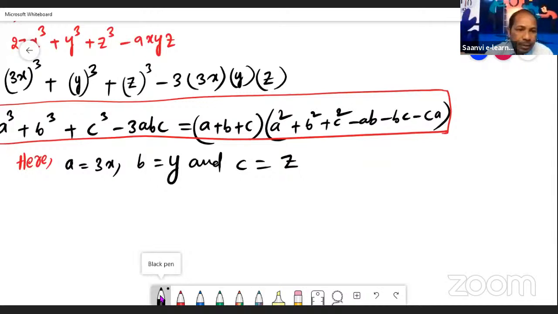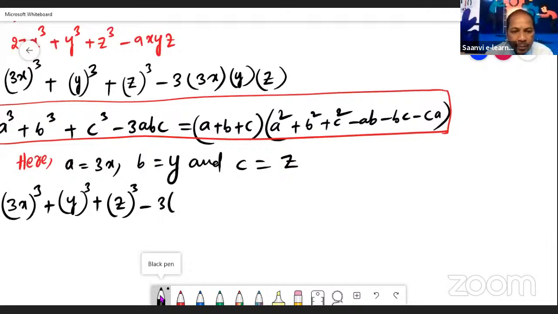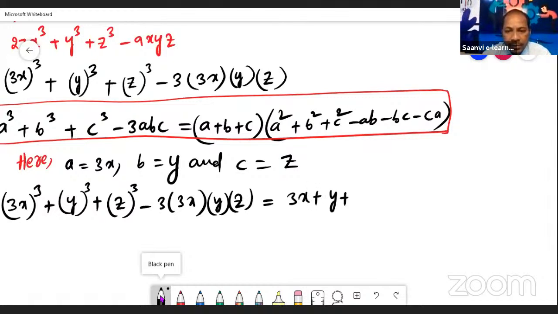Now substitute the values in the formula. A cube means 3x whole cube plus b cube means y whole cube plus c cube means z whole cube minus 3abc means 3 into a value 3x, b value y and c value z is equal to a plus b plus c. It means a value 3x plus b value y plus c value z into a square. A square means a value is 3x.